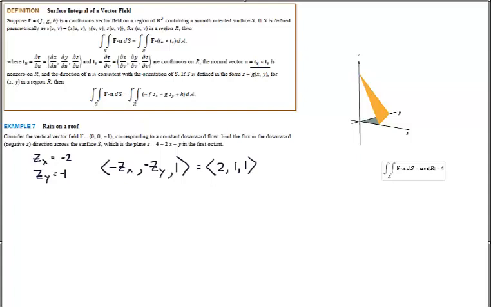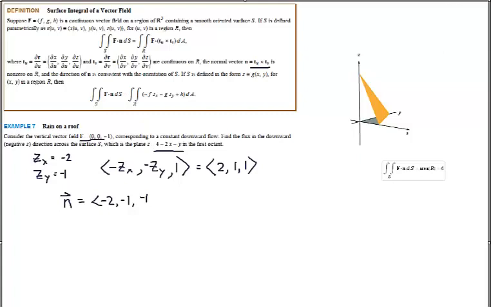Now this is going to point upward, and we're interested in the downward flux, so we need this in the negative z direction. So our normal that we're going to be looking at is <-2, -1, -1>.